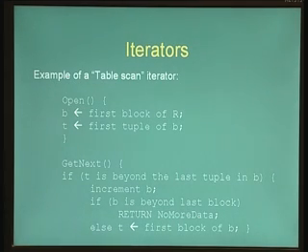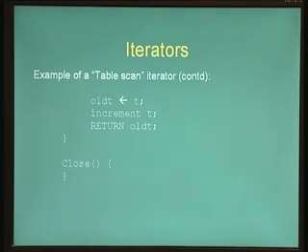This slide shows an example of a table scan iterator, that is how we can implement the table scan operator using an iterator. As the slide shows, there are three different functions that have to be implemented: open, getNext and close, which are shown in the next slide here.